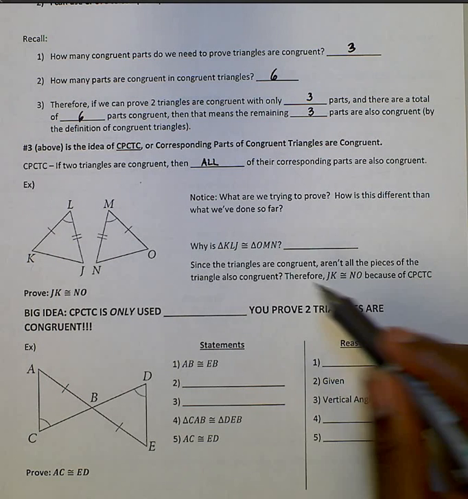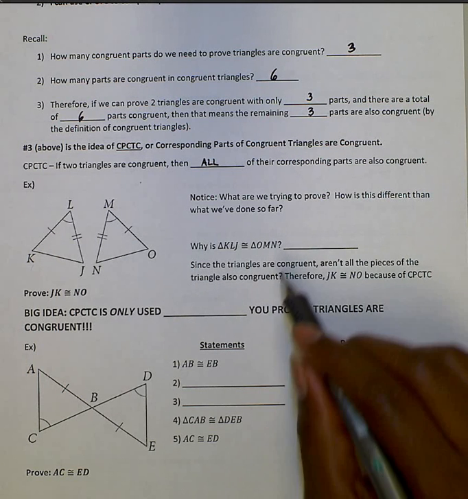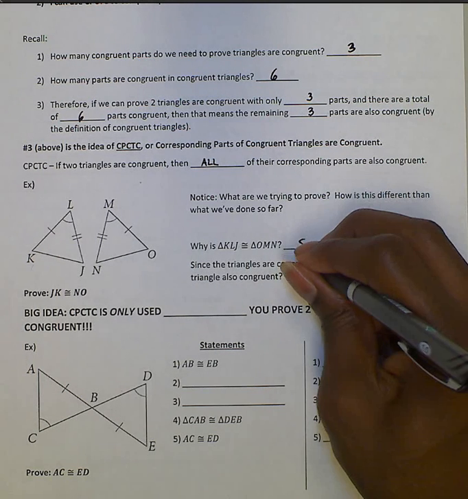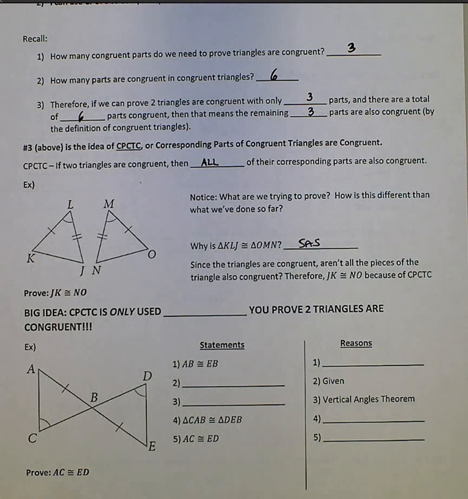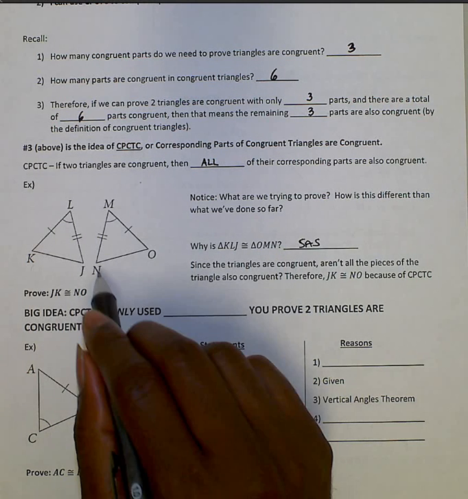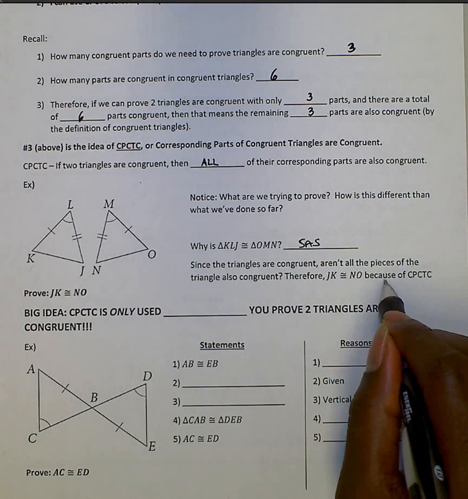So why are these 2 triangles congruent? They're congruent by side, angle, side. And since the triangles are congruent, all the pieces in the triangles are also congruent. So, since JK and NO are corresponding parts, then we can say that JK is congruent to NO because of CPCTC.